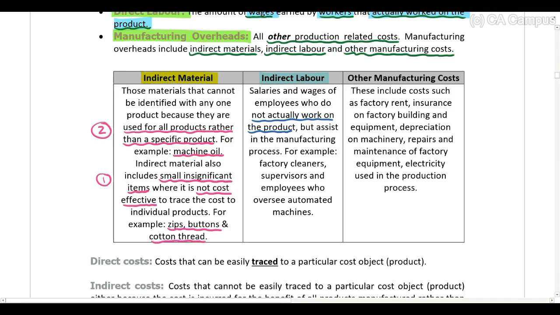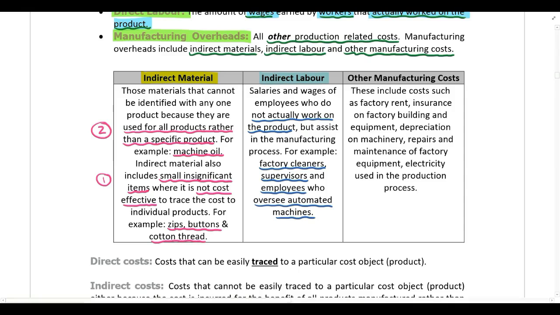But instead, they assist with the manufacturing process. So for example, it includes the salaries that are paid to factory cleaners, supervisors, and other employees who maybe oversee automated machines. So that is indirect labor.